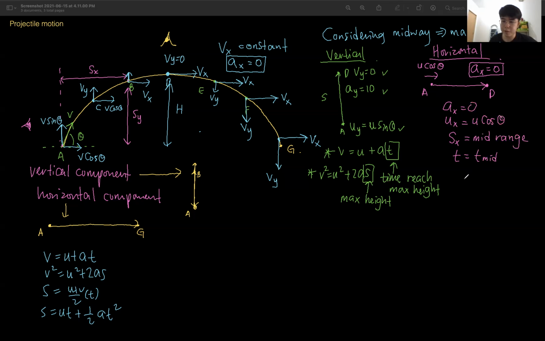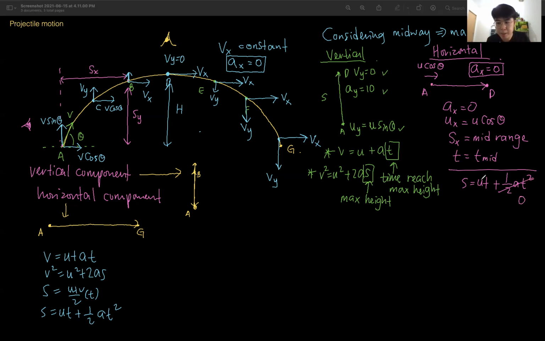Then using the formula s = ut + half at squared, for the horizontal component, what is the acceleration? 0, right? So this whole term is 0. I apply this for horizontal, so don't ask why the acceleration is not 10.